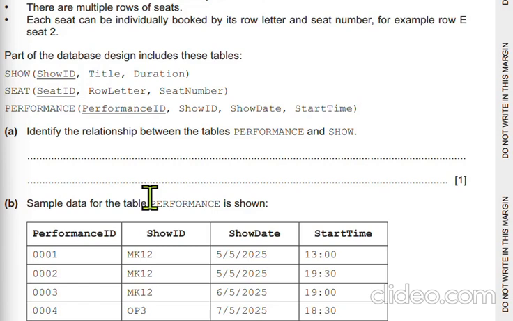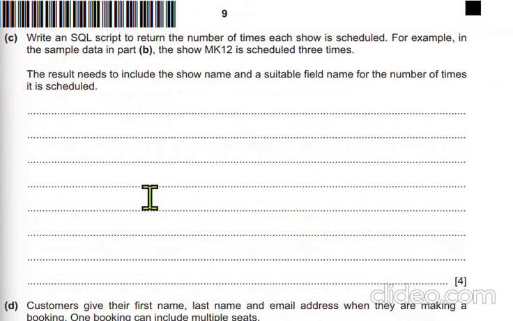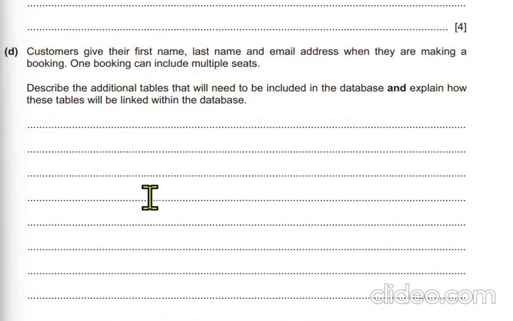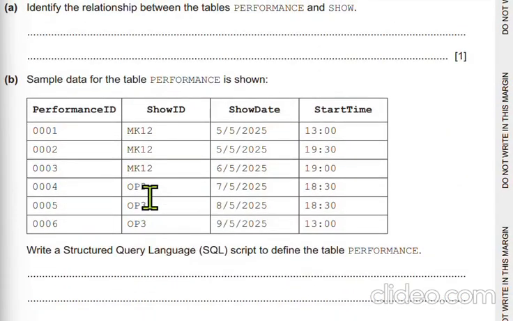So the questioner is even giving you hints that the customer gives first name, last name, email address when making the booking, which means we need to make another table named customer table, identified with a suitable primary key and suitable table name. Then we will give other suitable fields including name and email, as we know that when we do bookings, we have to enter our email address. It is very general information as well.